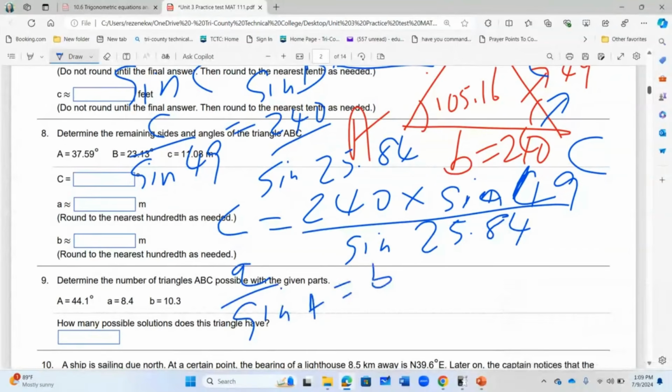The sine A given to me, sine A is 105.14. So let's put it in there.